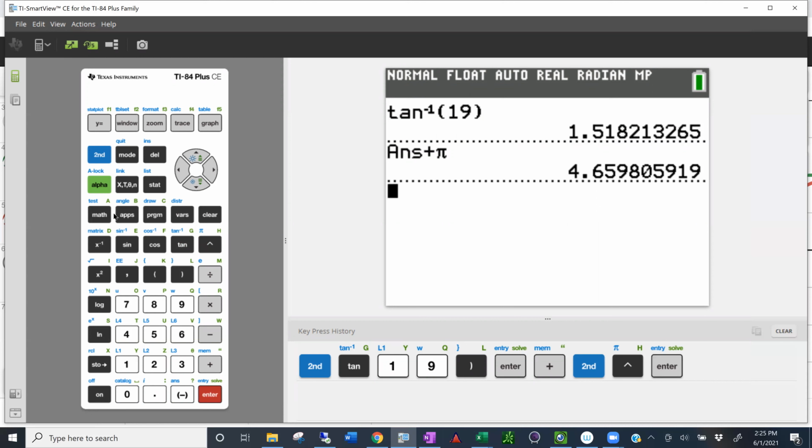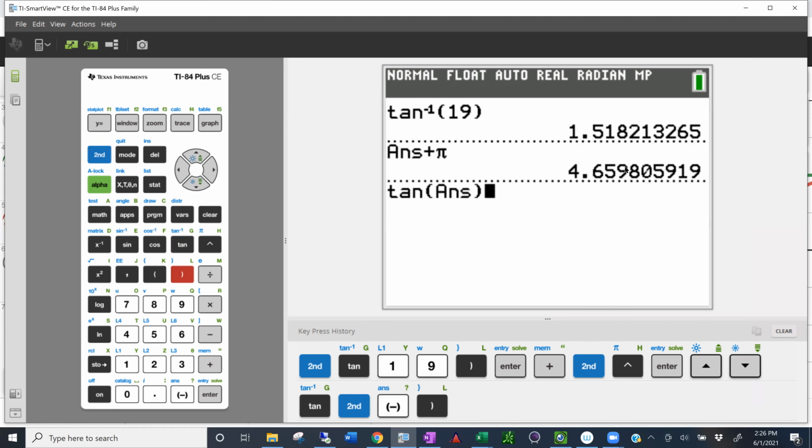Now to double check it, I should be able to take the tangent of that angle and get 19. I'm going to use the answer key because that gives me more precision. I want this to come out to 19. So here we go: tangent of the second answer.